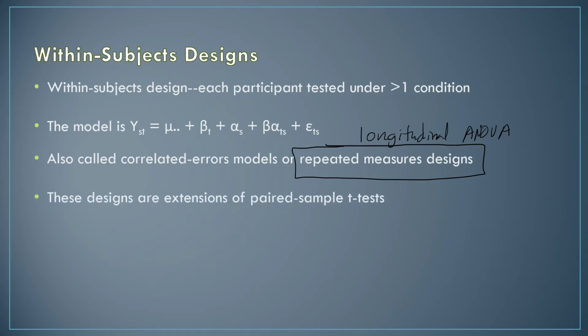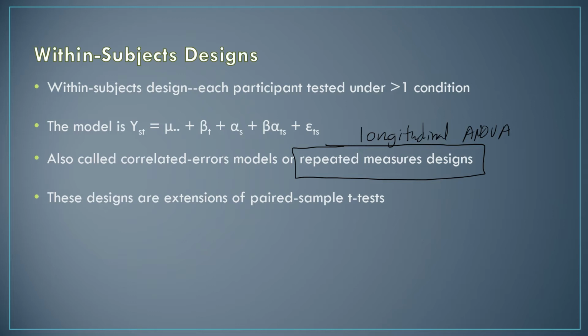So now your ANOVA is more like a paired sample t-test than an independent sample t-test. So for the between subjects designs, you have independent groups where the participants in each group are only in one group.